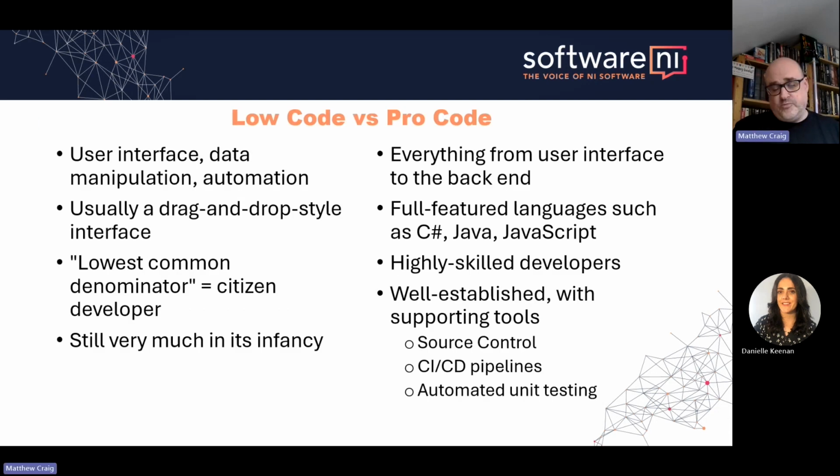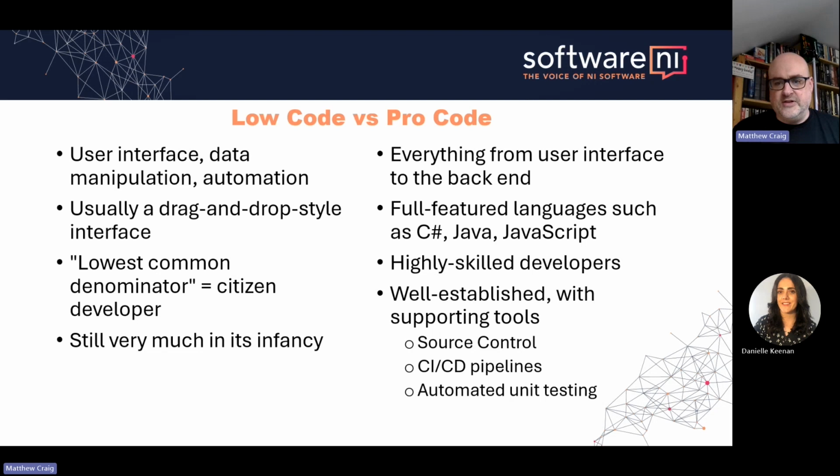So first of all, what's the difference between low code and the so-called pro code, or the traditional building of bespoke software with something like C# or Java? If we look at low code to start with, it's mainly around user interface, data manipulation, automation.